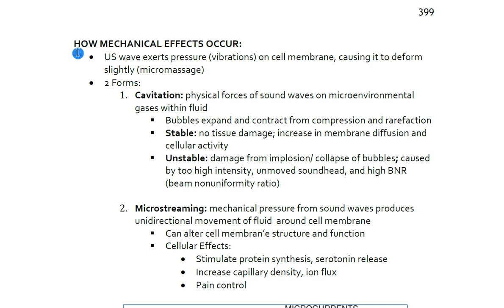Now when we talk about how these mechanical effects occur, a big part of that is sound waves and how sound waves cause vibration. When you first heard about ultrasound, you may have thought about World War II, when they had submarines with sonar.